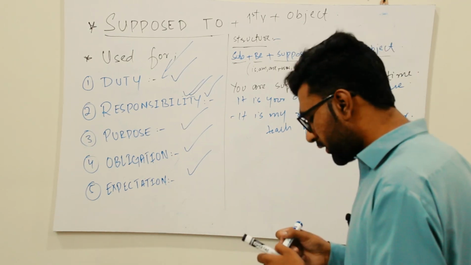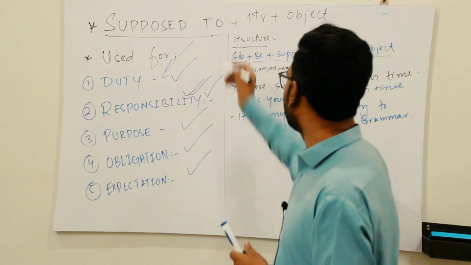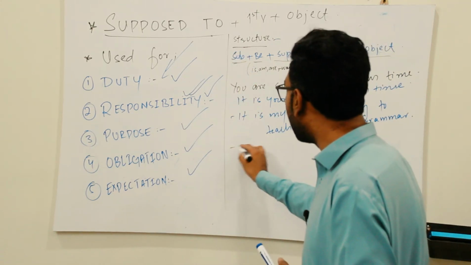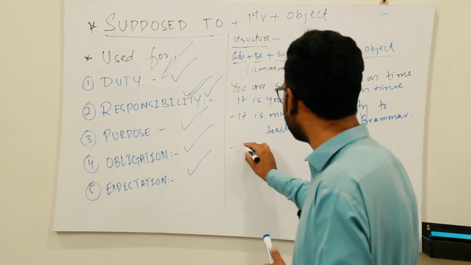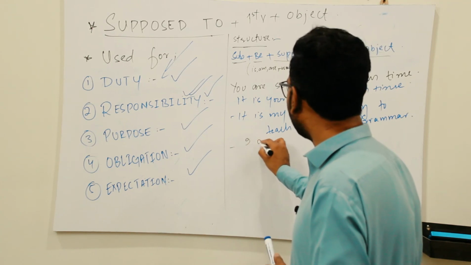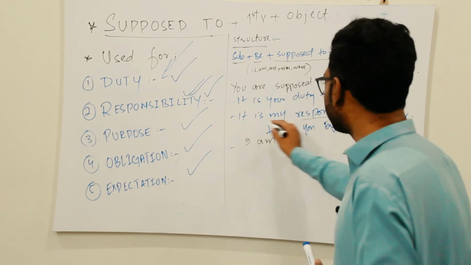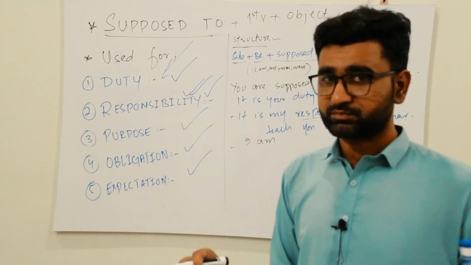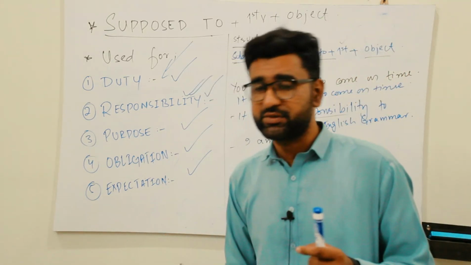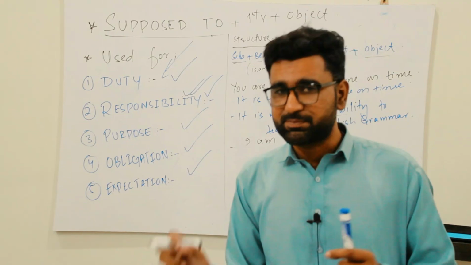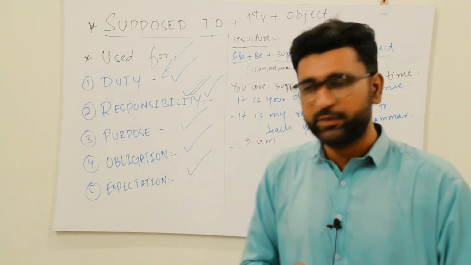So if I want to use "supposed to" instead of responsibility, how would I change it? I would change it to: I am, because I'm talking about the present, right? It can be used for past as well as present, and we can also use it for future.